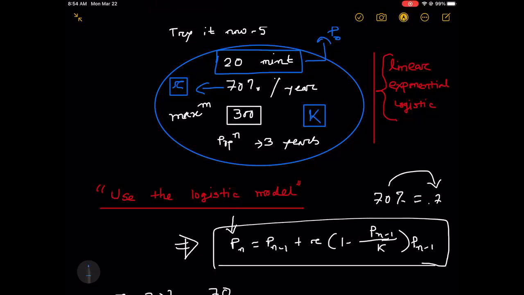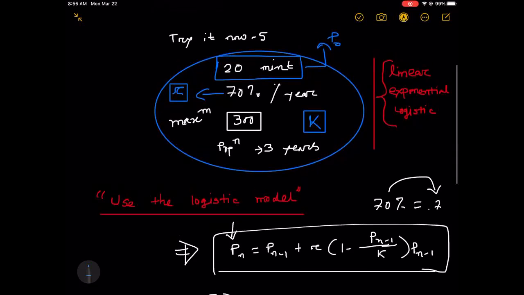Any question after this? Because it's really, really important. If you just know the model which you need to use, then the most important thing is to identify your data and use it in the right place. Any question on how to differentiate these and use them in the right place?